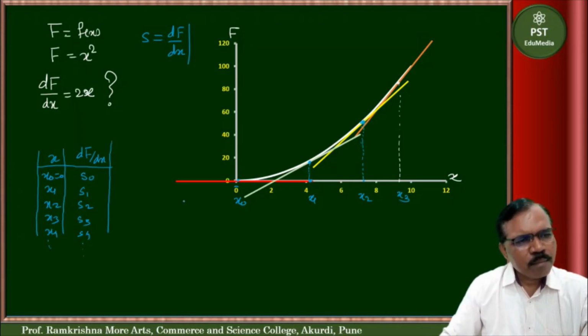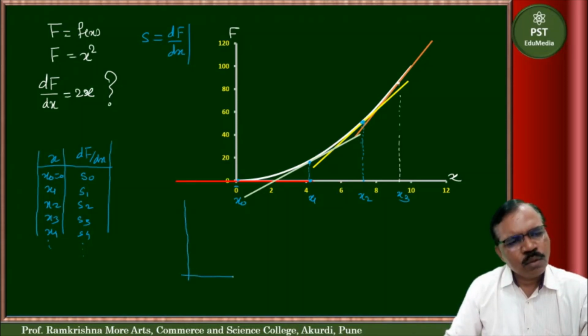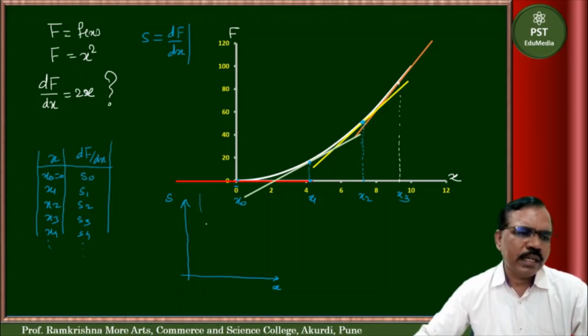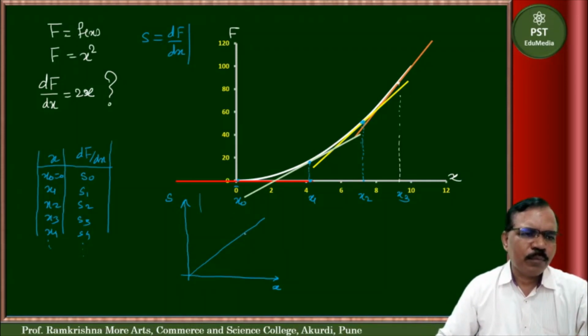And then plot graph of slope versus x. Slope means df by dx. You will get graph that is straight line for this function. And if we find slope of this, you will get slope is equal to 2.